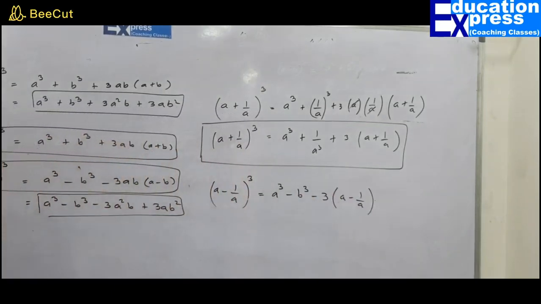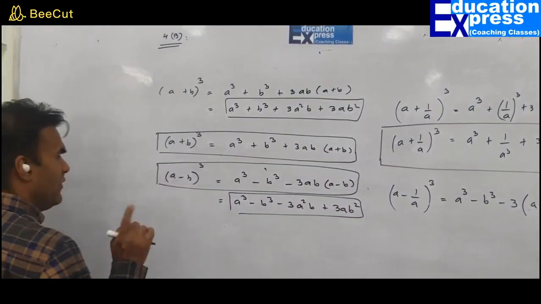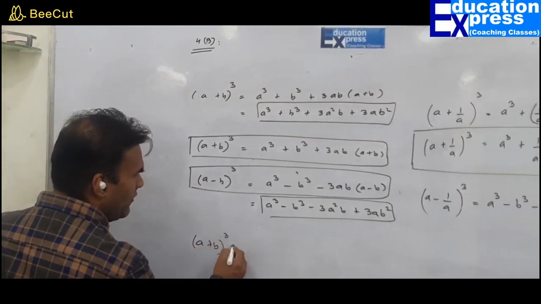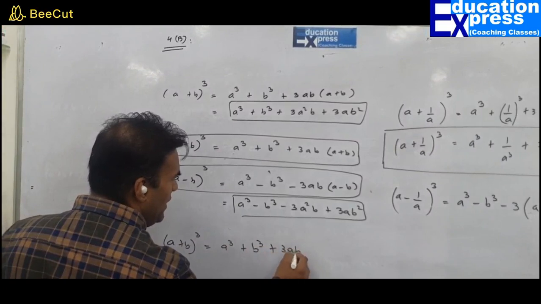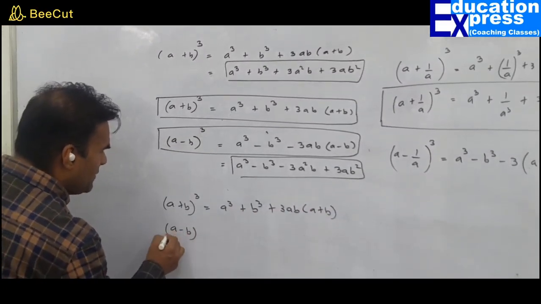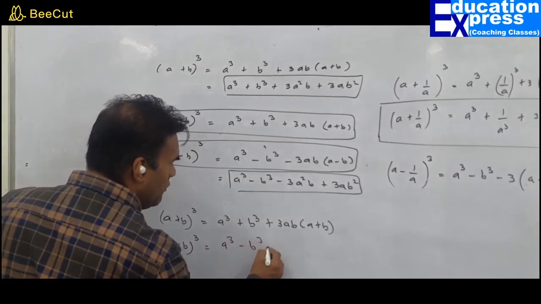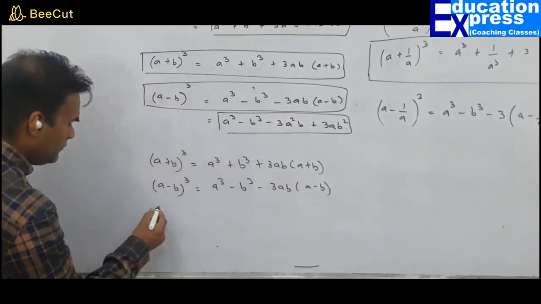So the four formulas in a nutshell that you need to remember for the purpose of this exercise would be (A plus B) the whole cube, which we know is A cube plus B cube plus 3AB (A plus B). You can copy it down. (A minus B) the whole cube would be A cube minus B cube minus 3AB (A minus B).